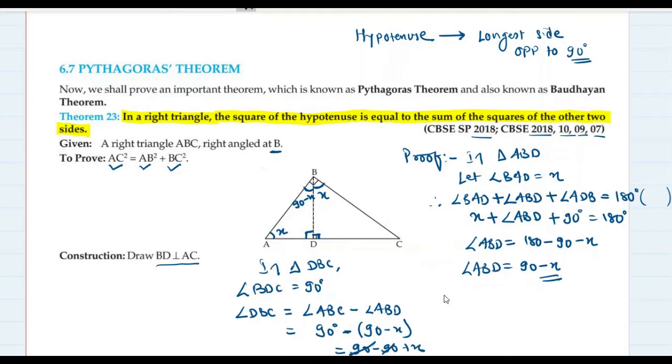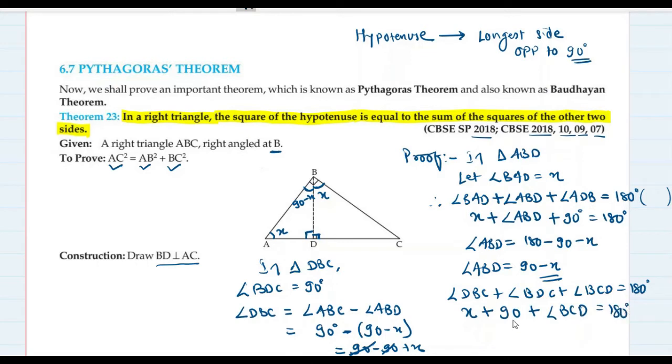So by angle sum property, we can say that angle DBC plus angle BDC plus angle BCD is equal to 180 degree. What is angle DBC? DBC is x. What is angle BDC? It is 90. What is angle BCD?